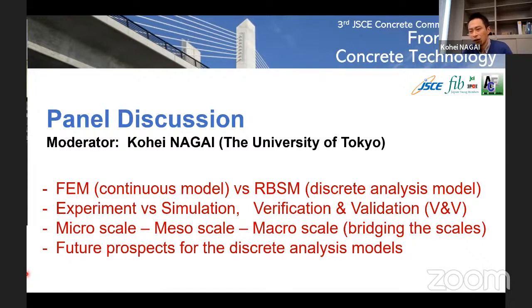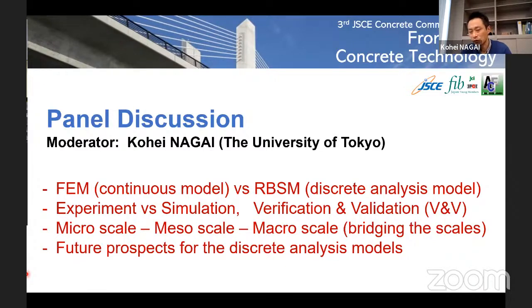I remember that 10 or 20 years ago, it was always said that FEM is the best, or FEM can solve everything or can do the design as well. But in reality, reinforced concrete structures always have cracking, and how to treat the cracking is the most important thing in our field.